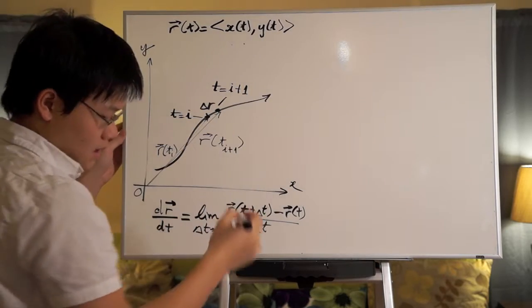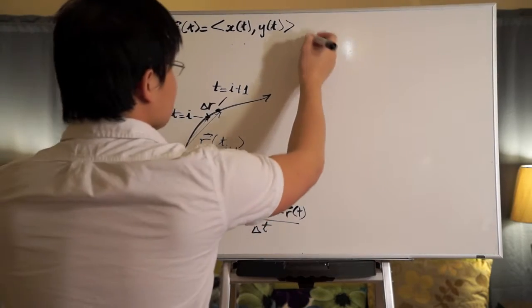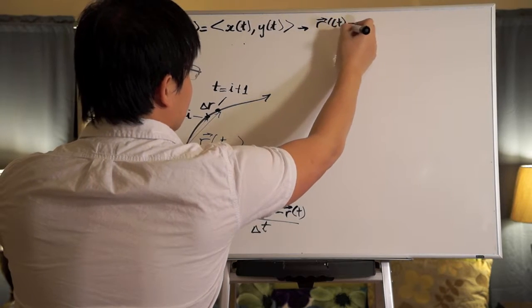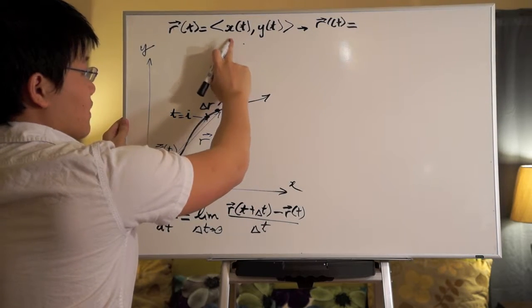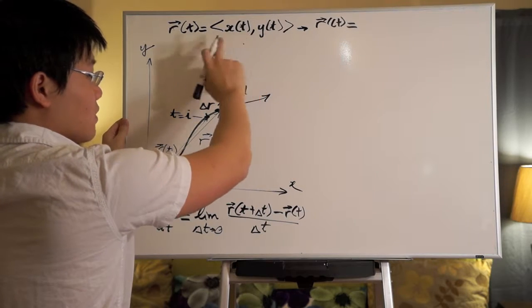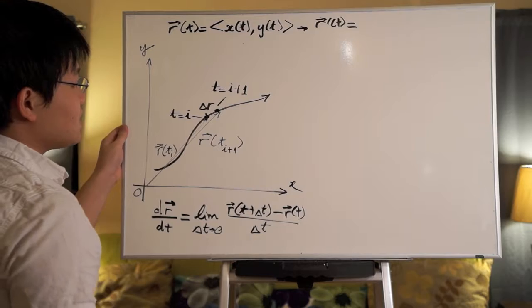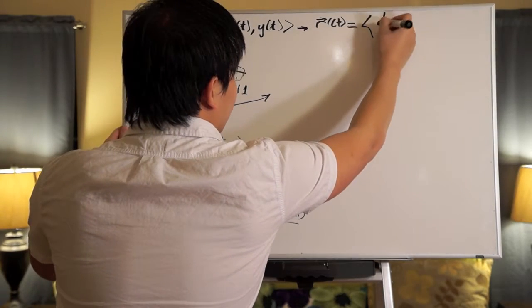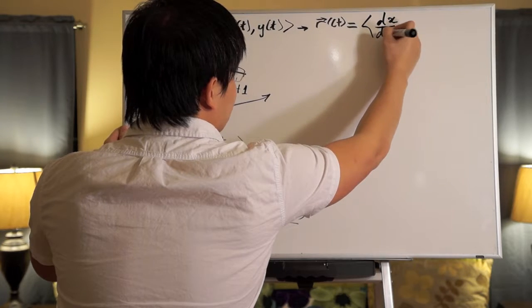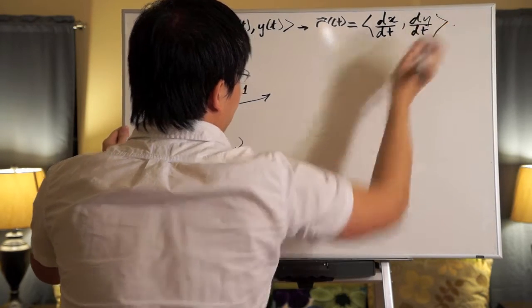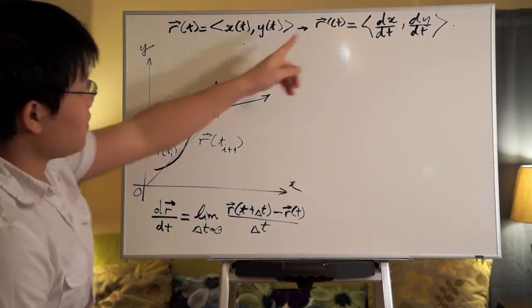So r prime of t would just be equal to taking the derivative of the horizontal component and the vertical component, but since they are functions, we just take the derivative of each function. So there we have it. We have dx over dt and dy over dt, right?